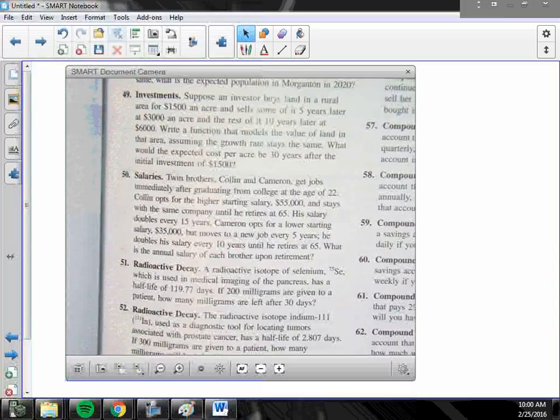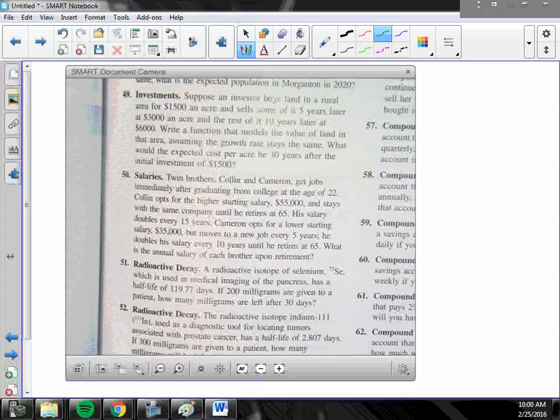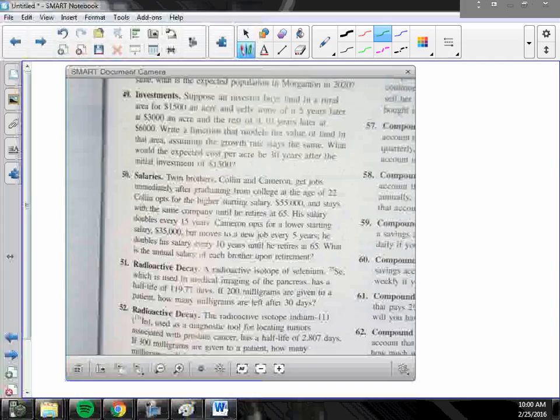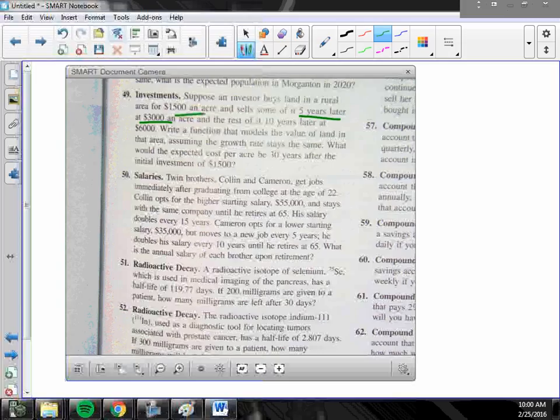This is an involved problem. So we need to pick a variable. So per acre, 1,500 per acre. So his initial cost is this much. He sells some of it after 5 years for 3,000, and the rest of it 10 years later at 6,000.